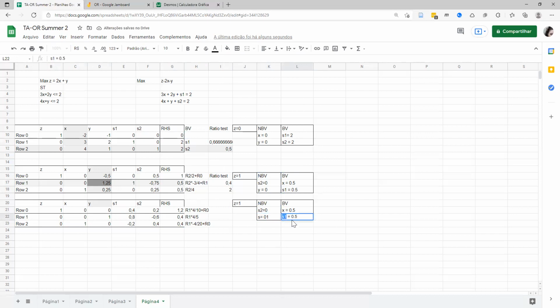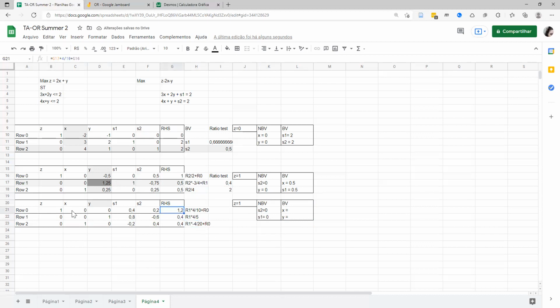And so the S1 is going to be out of here, and it's going to be replaced by y. And the x is going to remain in my basis. So my basic variables are going to be x and y, and my non-basic variables are going to be S2 and S1.